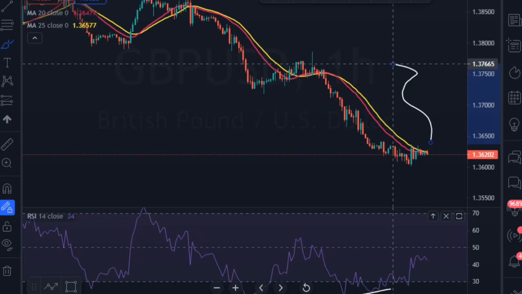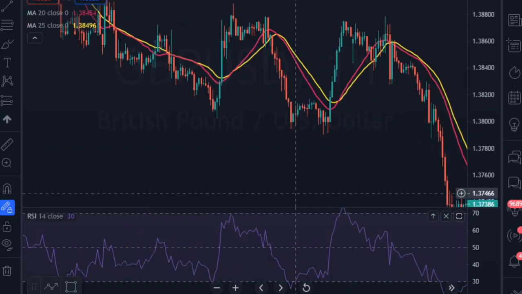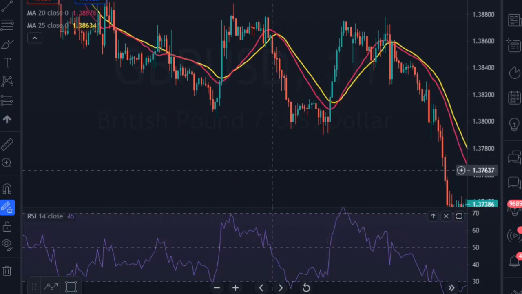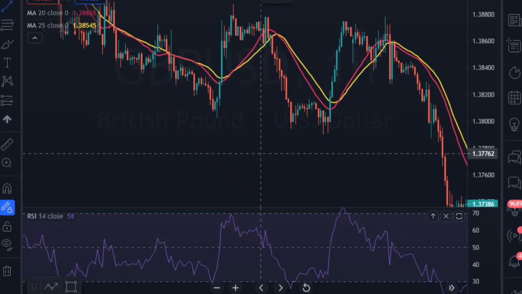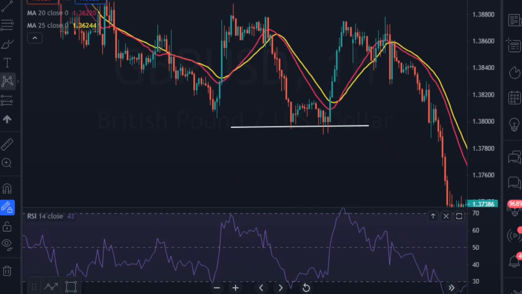So I want to give you guys a quick example of this. Let's go back in time to see how this works. Let's use this for an example. You could see lately that price was having a support here, and let's take a look at our RSI indicator.